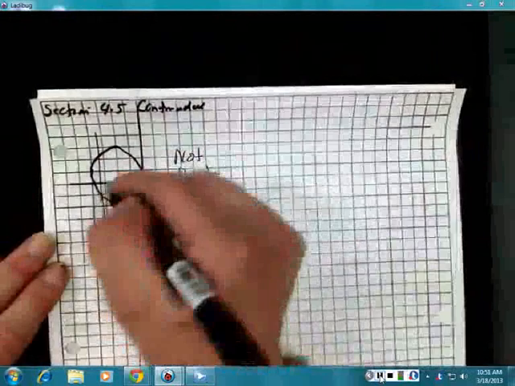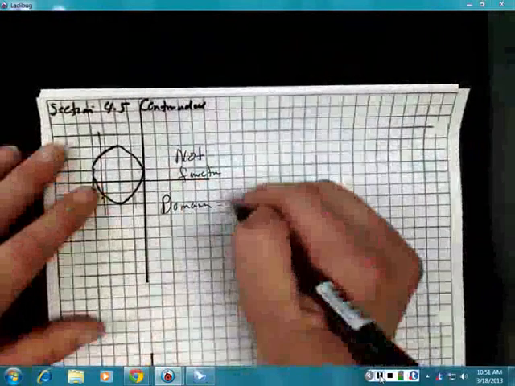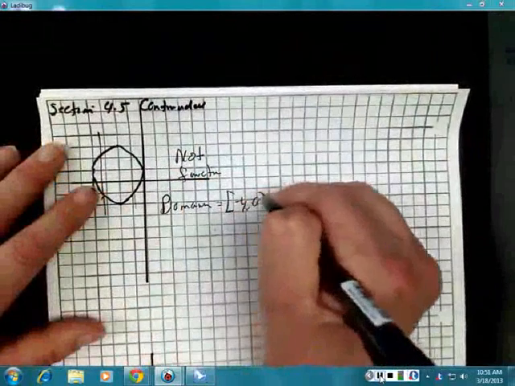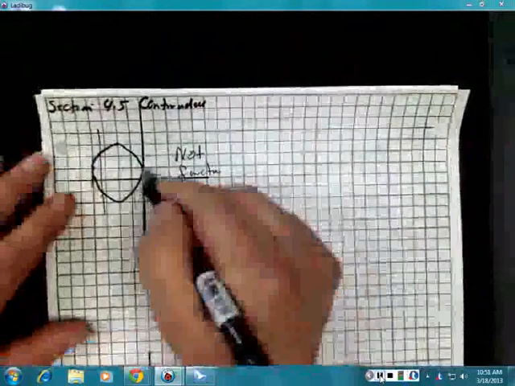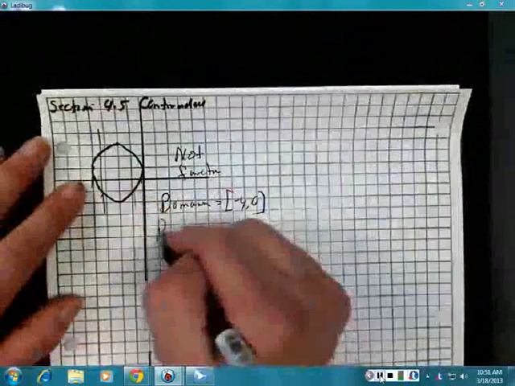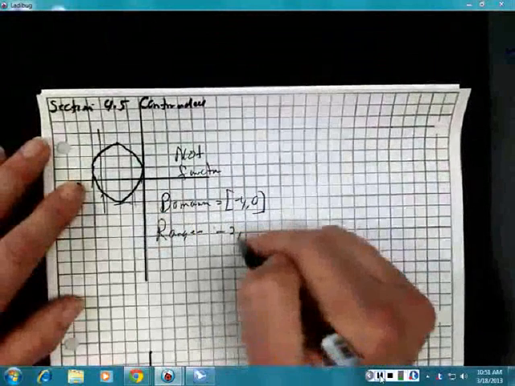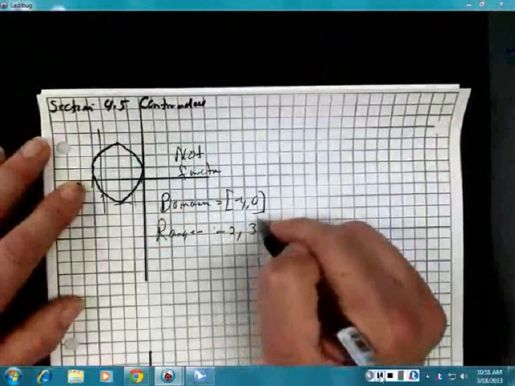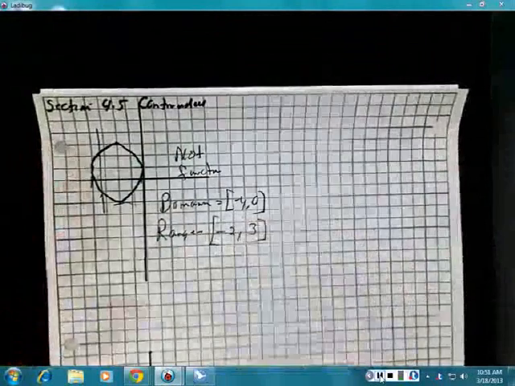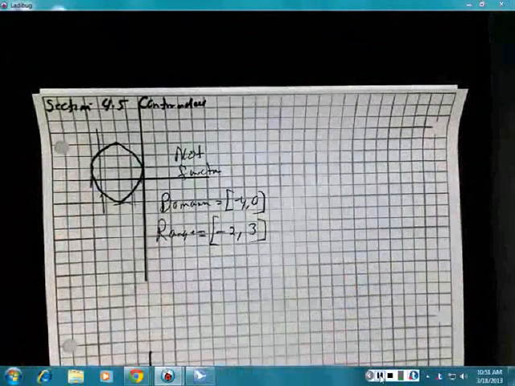From negative 4 to 0, because it stops right there. And what's its range? From negative 2 to 3, with brackets around it. Okay? Make sense? On a circle?